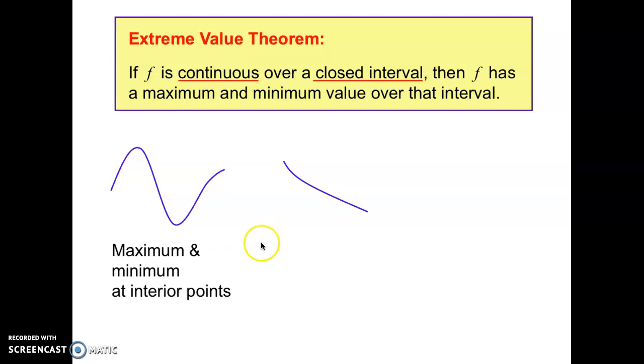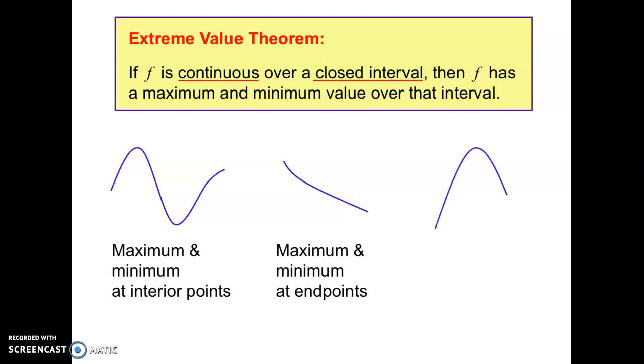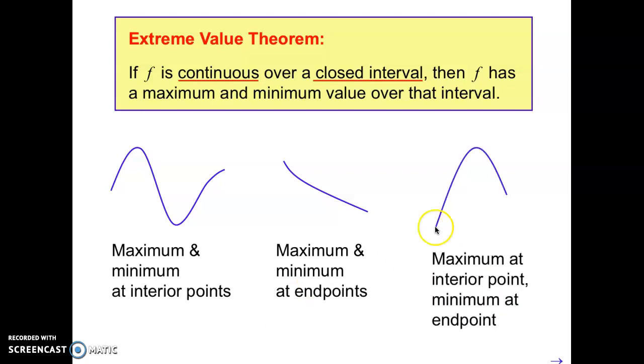Or I could have a function that looks like this. I have a closed interval and a continuous function. My maximum actually occurs at one endpoint and my minimum occurs at the other endpoint. Or we could have something like this where, in this case, my maximum occurs at the interior point of the function, inside the interval.